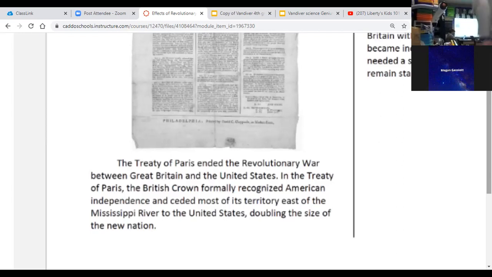So it not only gave up these 13 colonies, but all of this land east of the Mississippi River. Wow. So remember all that land that had been Native American territory? It gave all that land to the United States.